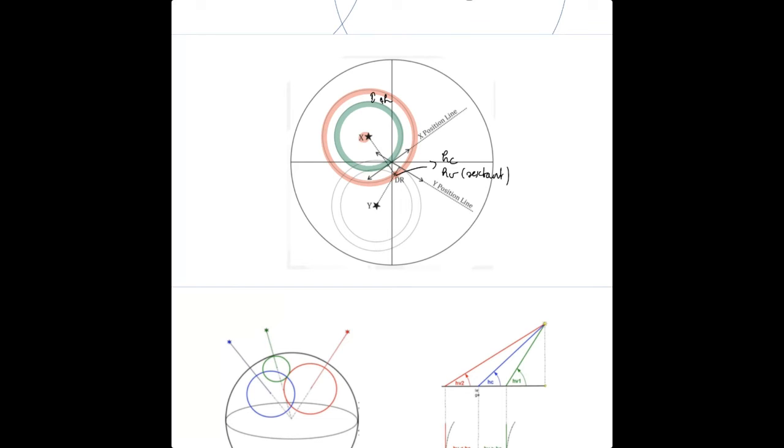And so we have here again also the second equal altitude circle. And where they intersect, that is where the two lines of position intersect.